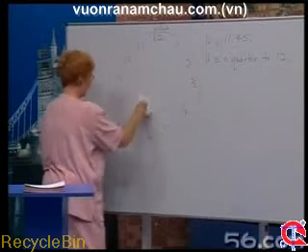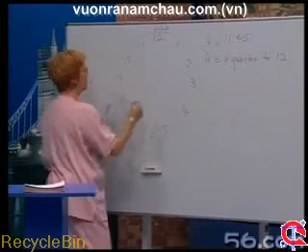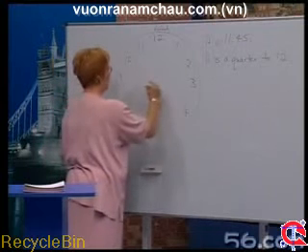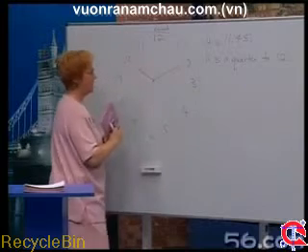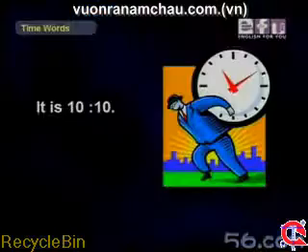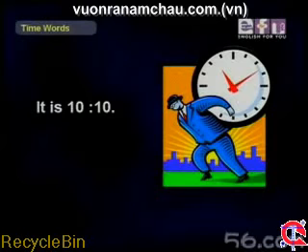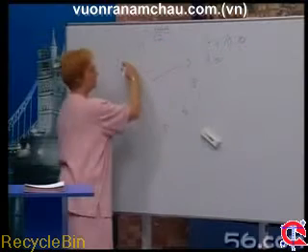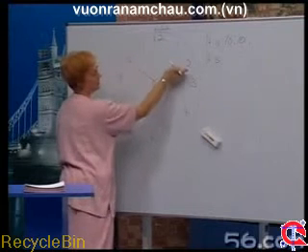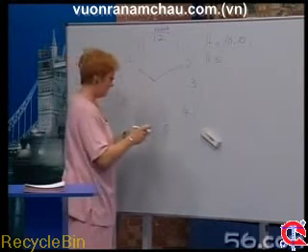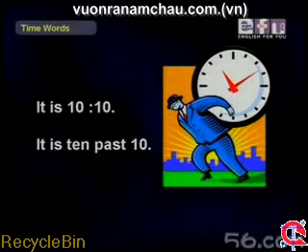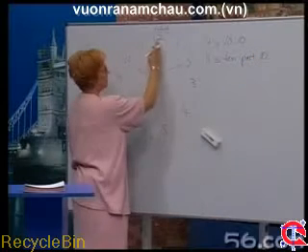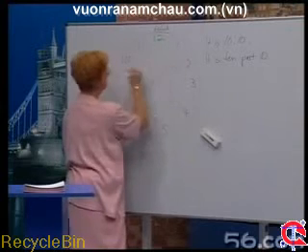Another example. We're going to see all sorts of times here. All right. It is 10. Now, this one's kind of easy. It is 10:10. Or we can say it is 10 past 10.